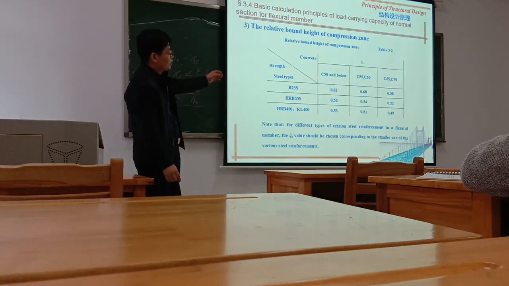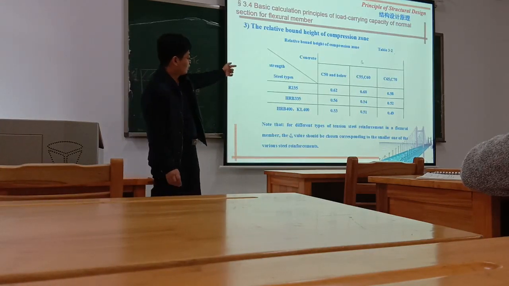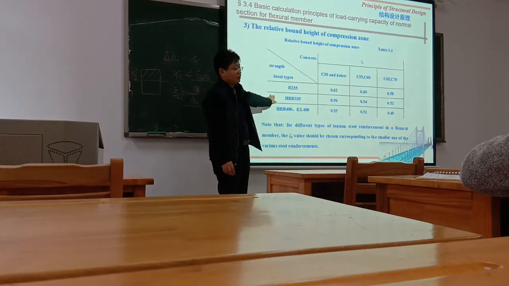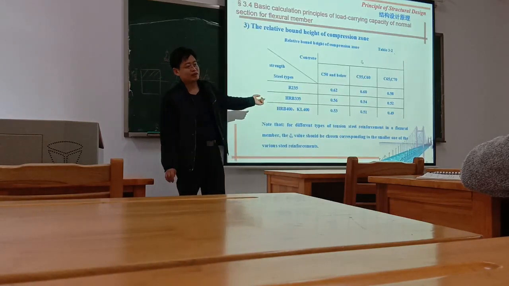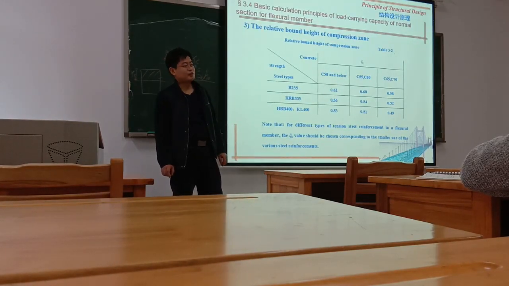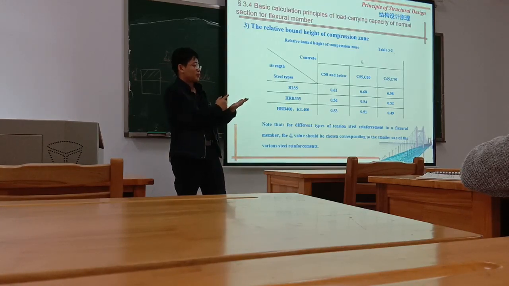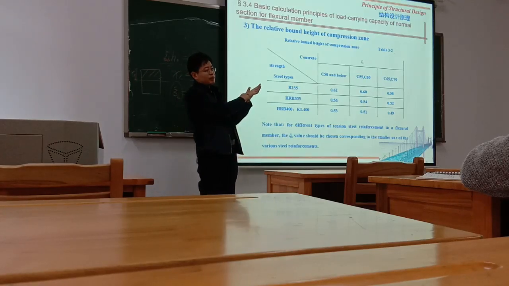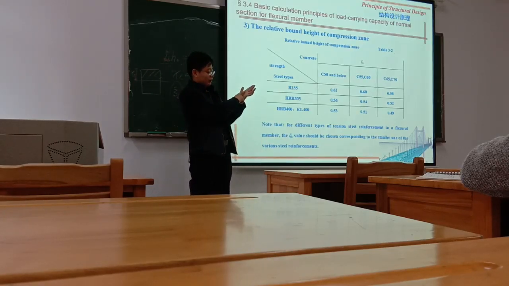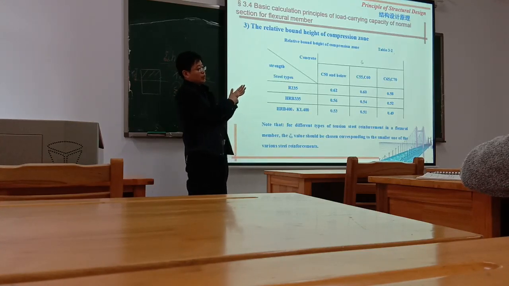Kc B is related to the material, including the concrete and the reinforcement. So why is Kc B related to material? Once you have determined what type of material you use, you can check the code to find the Kc B. Then when you know Kc B, you almost know xb, because xb equals Kc B multiplied by h0.